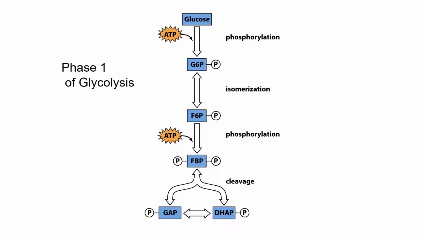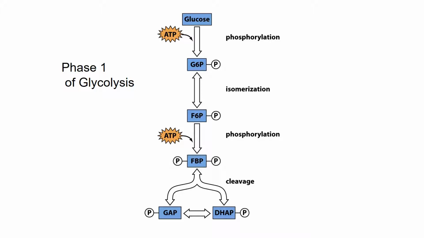This enzyme, which we'll talk about in more detail momentarily, phosphorylates glucose on C6, and we get glucose 6-phosphate. This phosphorylation makes glucose unable to leave the cell. So once that glucose gets into the cell, we want to hold on to it at that point.